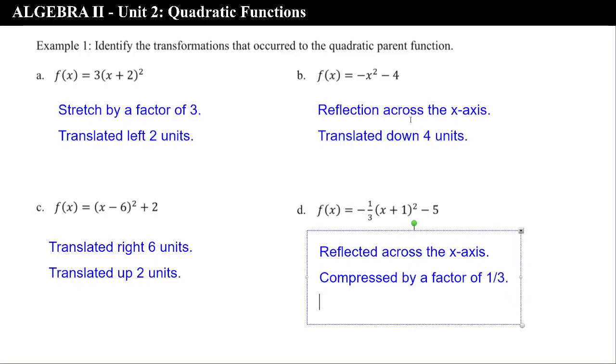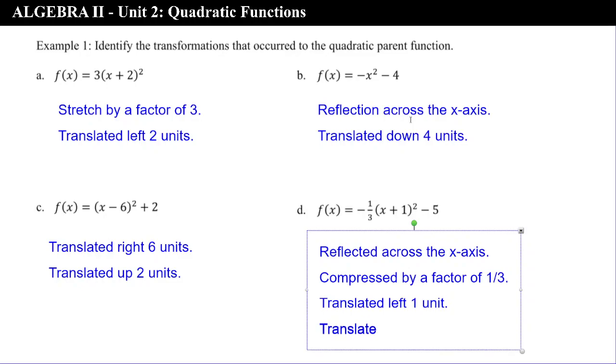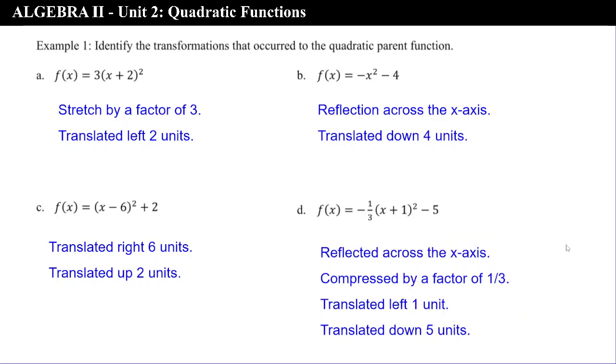Then we have a plus 1 inside with the x, so we have a translation to the left 1 unit, because remember it's x minus negative 1, and then we have a translation down by 5 units. And that's everything happening to that last example.